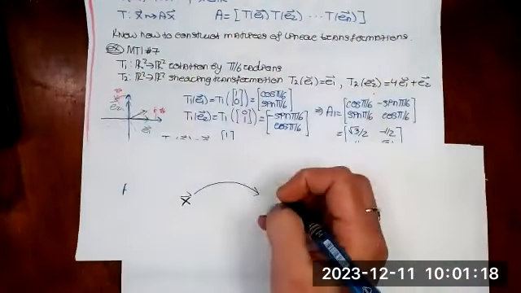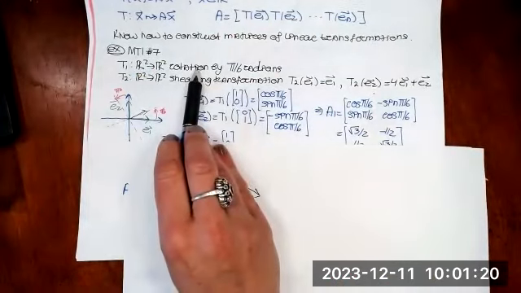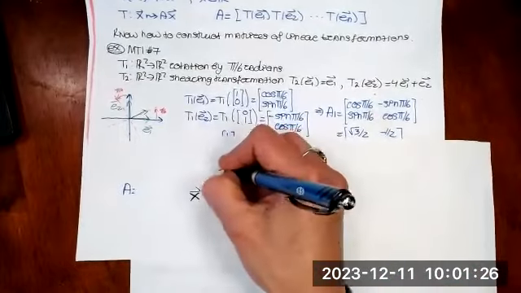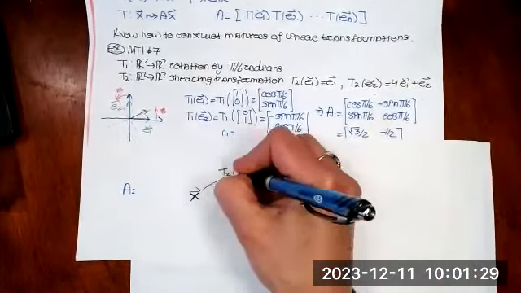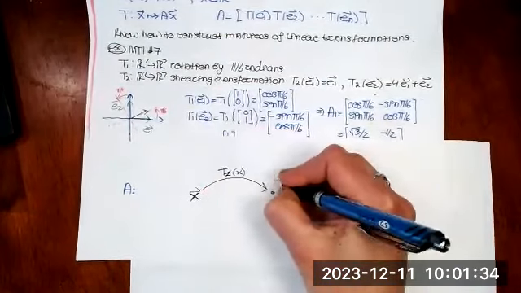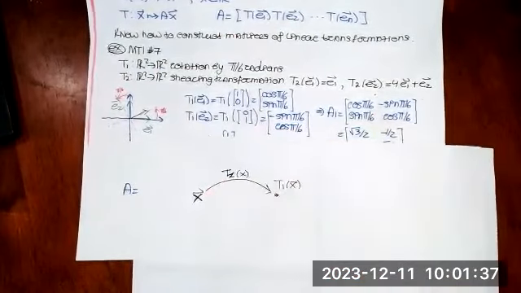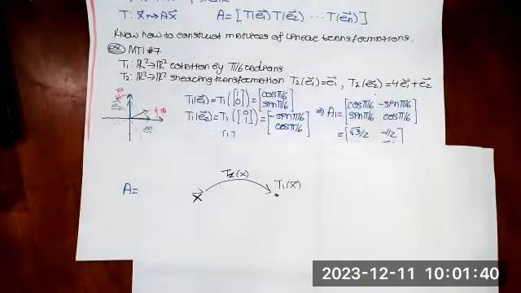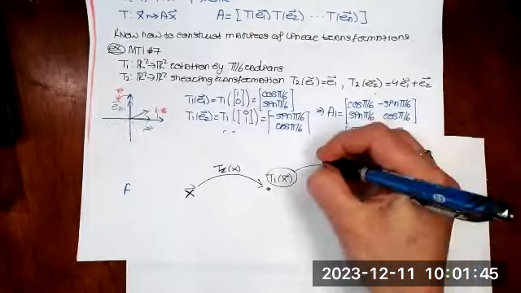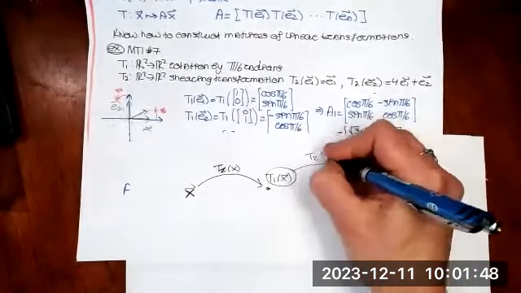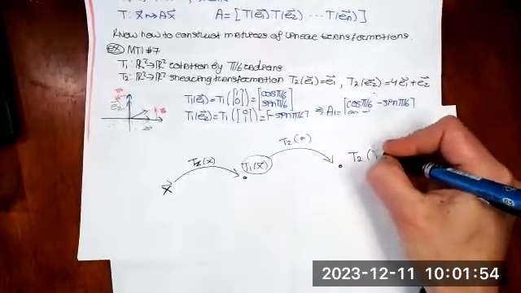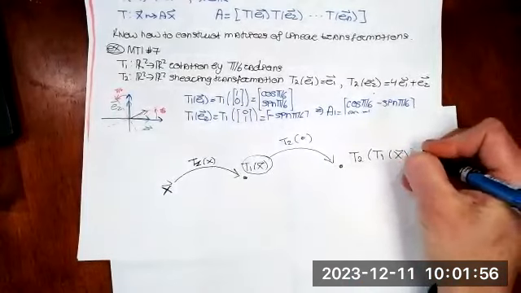I am first applying rotation, right? So I have my T1 of x. This is the point that I just rotated, all right? And then to that, I'm going to apply my second transformation, my T2 of whatever I had here. So my resulting point is going to be T2 of T1 of x.